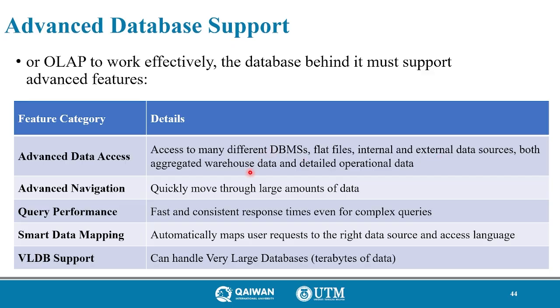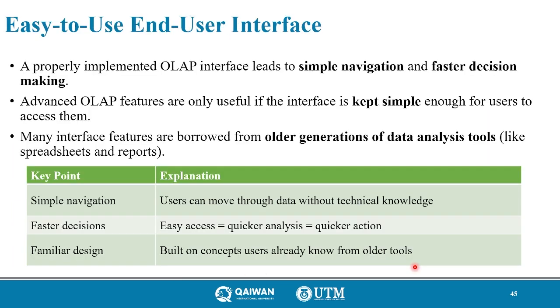Advanced navigation: quickly move through large amounts of data. Query performance: fast and consistent response time, even for a complex query, it should provide us with very fast responses. Smart data mapping: automatically map user requests to data sources and access languages. Very large database support: can handle very large databases, terabytes of data.